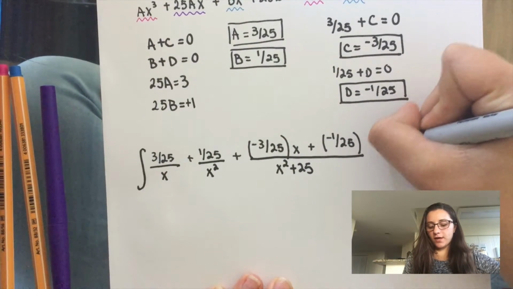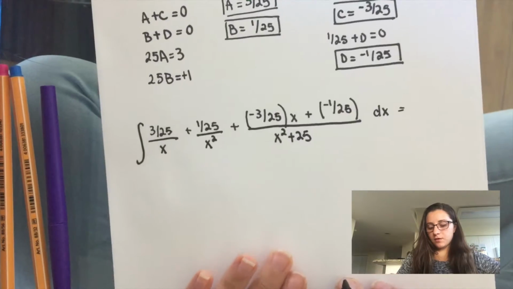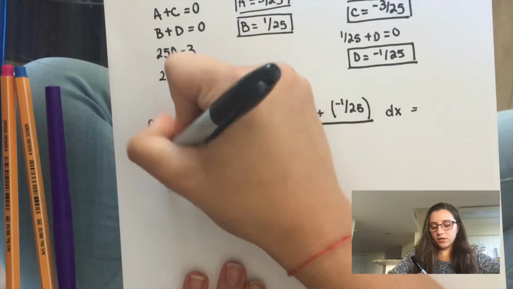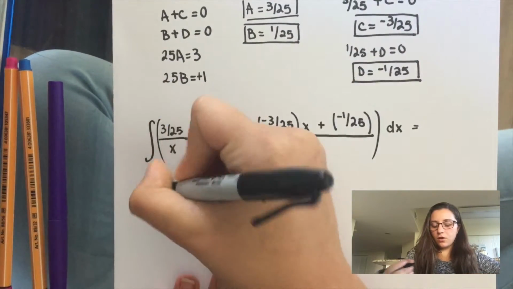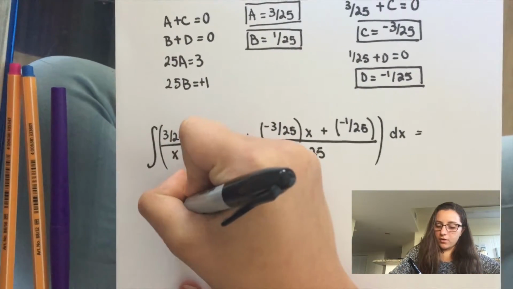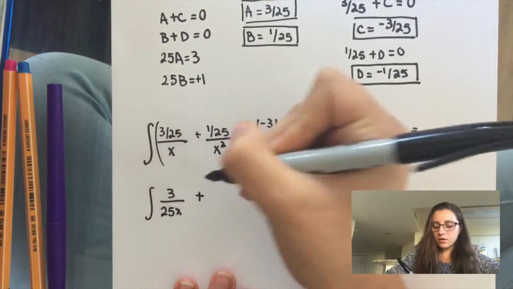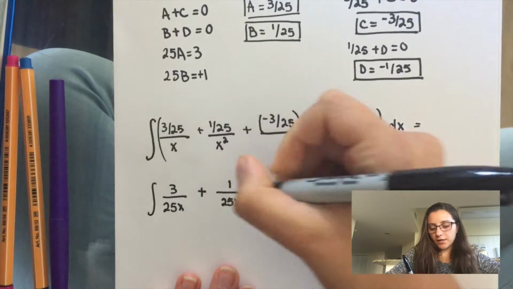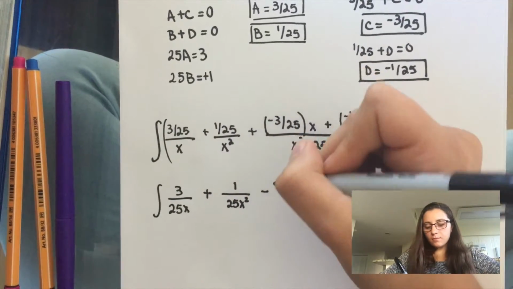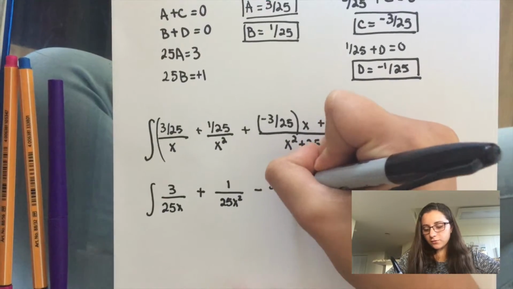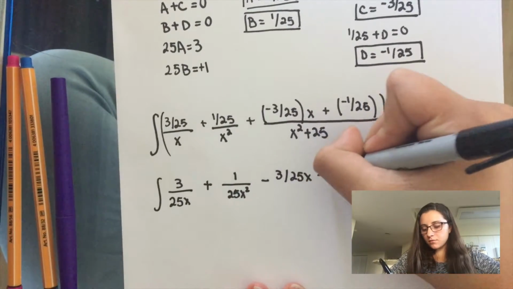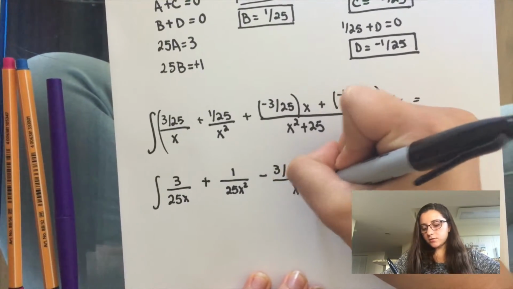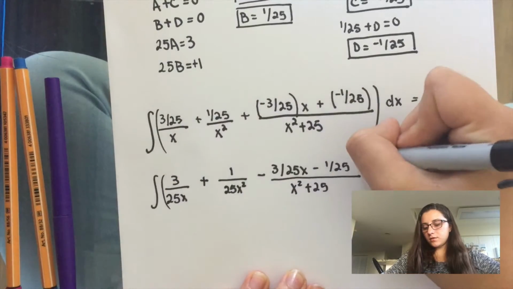Alright, so now that we have this, we're going to go ahead and integrate, but first we would want to simplify, right? So we have that this is equal to the integral of 3 over 25x minus 1 over 25x squared minus 3x over 25 plus 1 over 25, and all of this divided by x squared plus 25 dx.